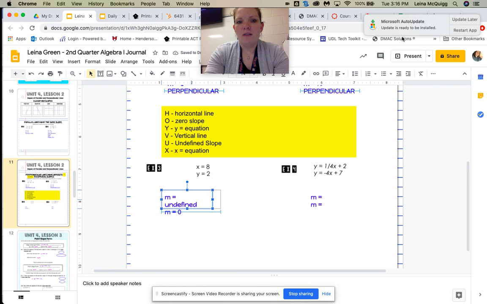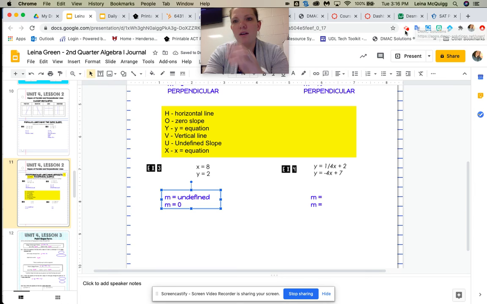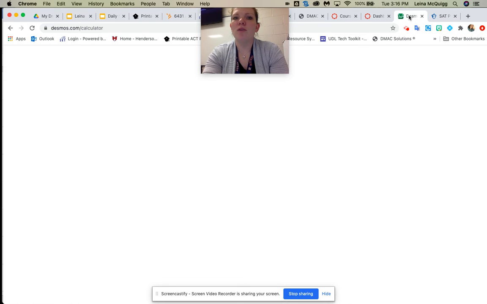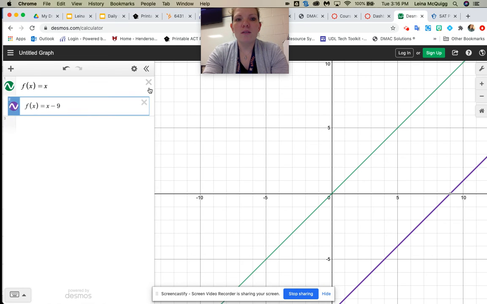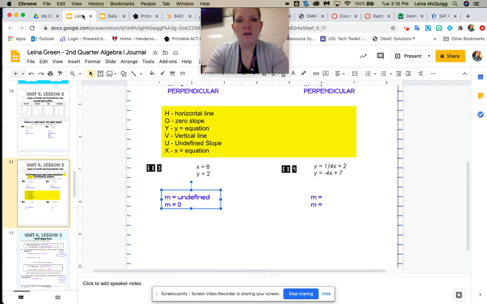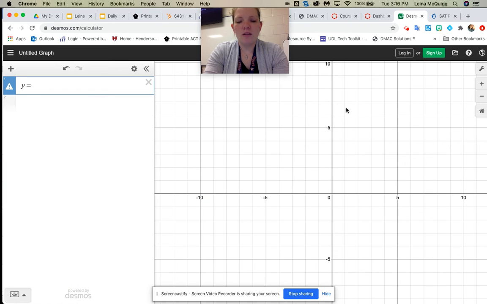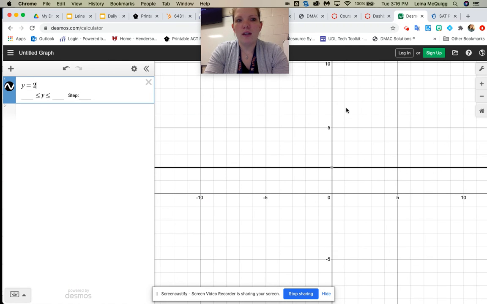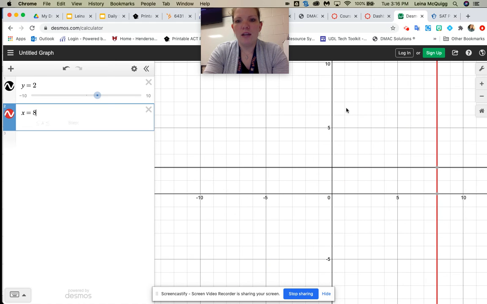So now I'm going to jump over to Desmos really quick. I want to talk about these lines. I want to just look at them. So we had y equals 2 and x equals 8. So y equals 2, there's that line. X equals 8, there's that line.